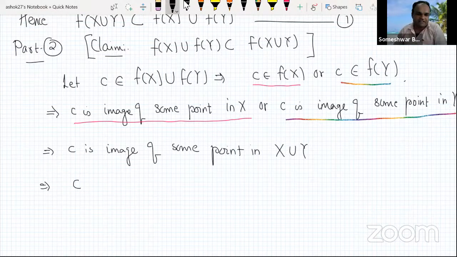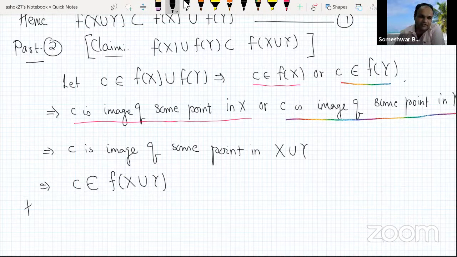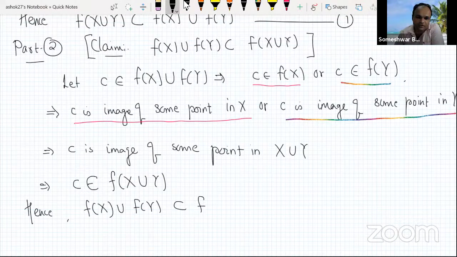So that will imply c belongs to f of x union y. That is what we have to prove. We take c from f of x union f of y and prove it is in f of x union y. Hence f of x union f of y is a subset of f of x union y. Write it as equation number 2.